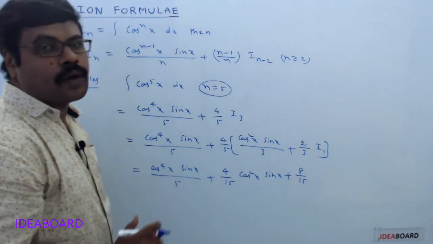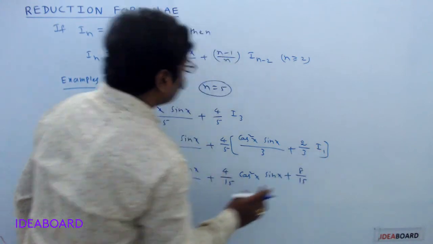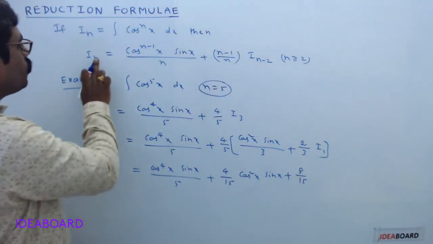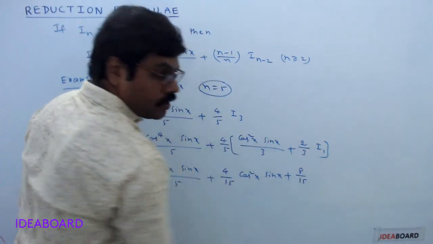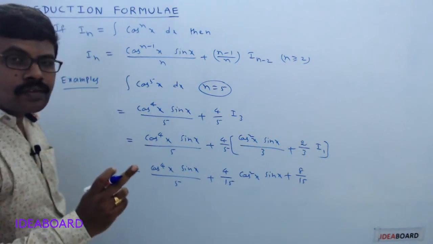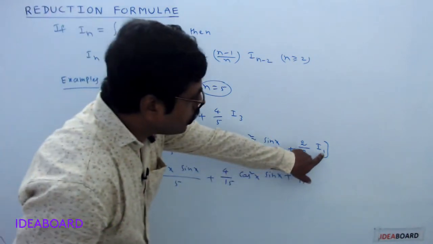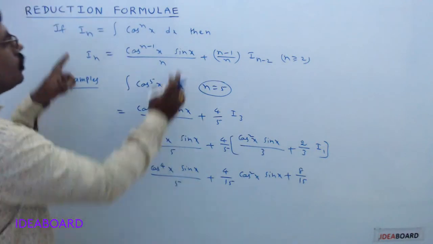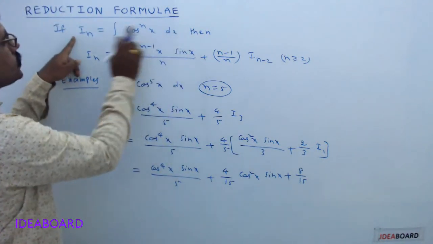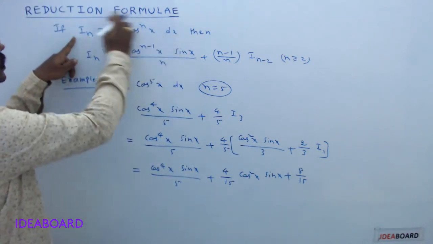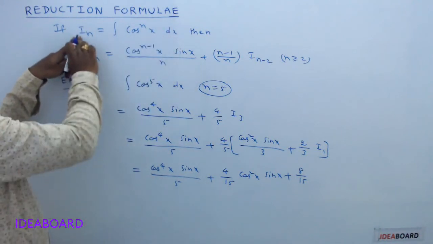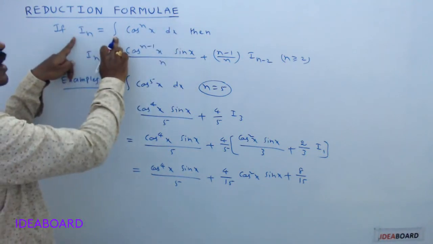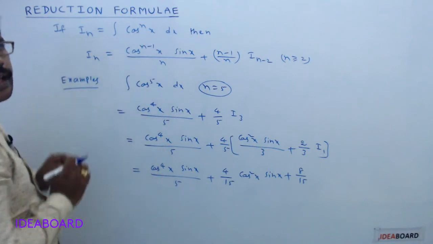What is the value of I1? If you compare this I1 with In, value of n is 1. So value of n equals 1. It is lesser than 2. So use this function. Substitute n equals 1 in this function. I1 equals integral cos x dx.